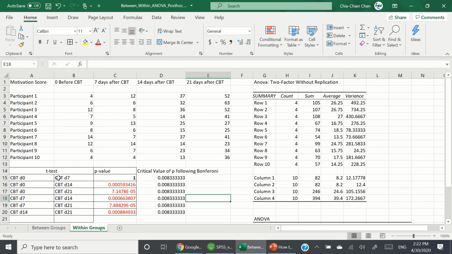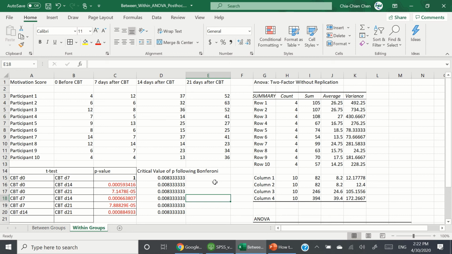And from there, what you're seeing is a significant improvement at day 14 compared to both day 7 and day 0, and then there's a further improvement at day 21 after CBT. So this is greater than 14 days of treatment, this is greater than 7 days of treatment, and this is greater than 0 days of treatment. Okay, so that's how you would do a Bonferroni.